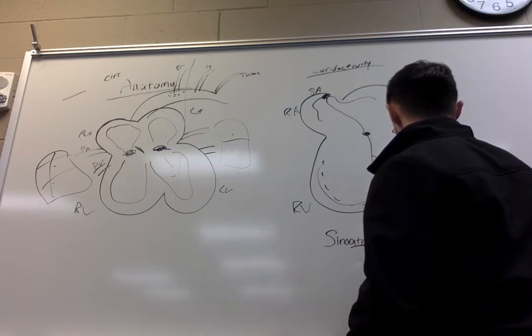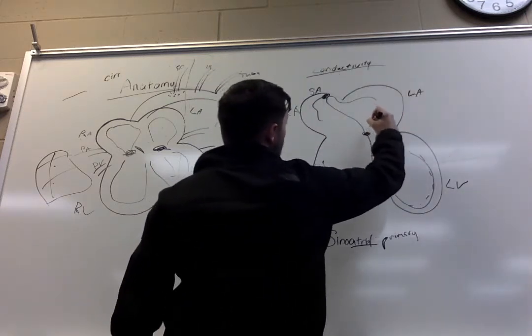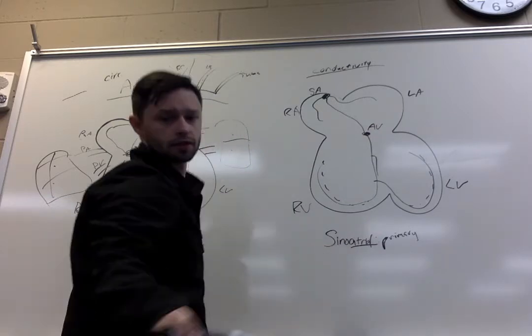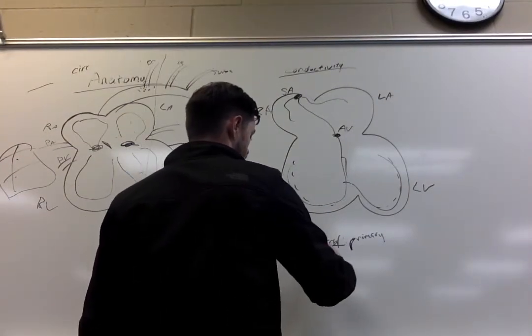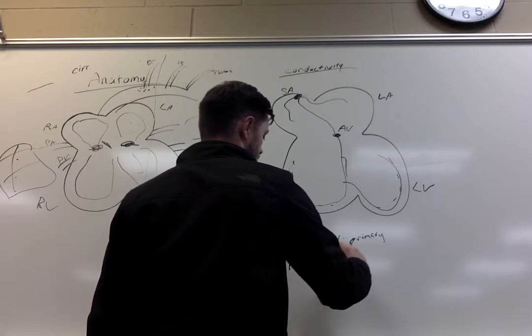These are called pacemakers of the heart. Sinoatrial primary. AV, atrioventricular. It's easy to remember, in between the atrium and the ventricles. The secondary.